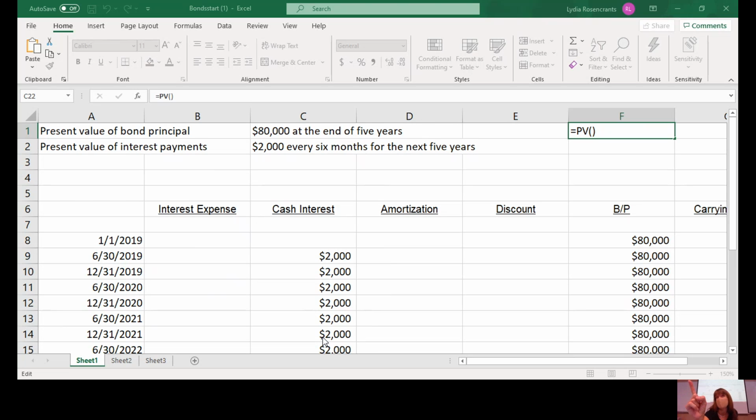Now, the only trick is because it's semi-annual, I must divide it by 2. So I'm going to take the market rate and divide it by 2. It is always the market rate, but when you're dealing with semi-annual, you have to divide it by 2. So 6% is our market rate, and I'm going to divide that by 2, so my rate is going to be 3%.